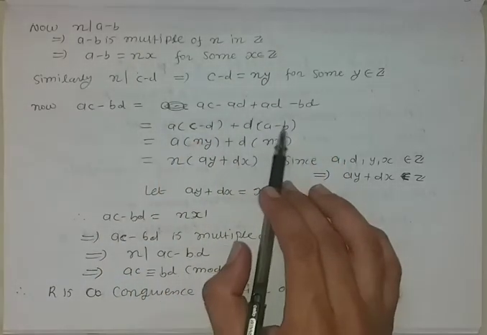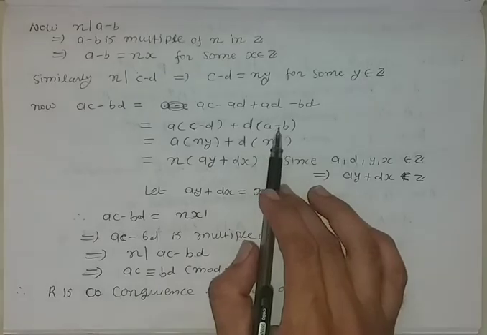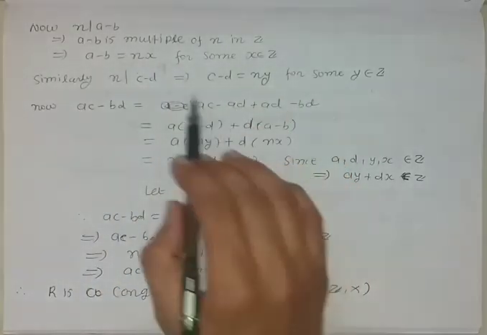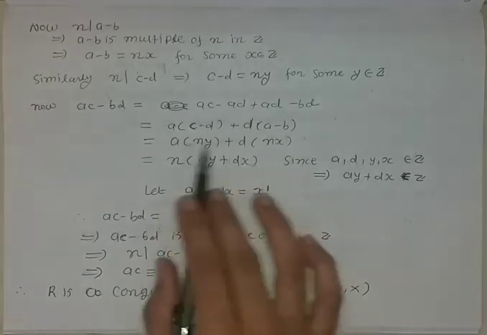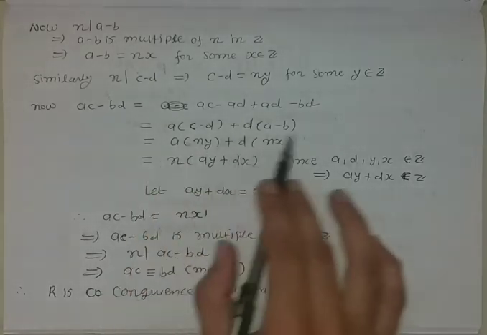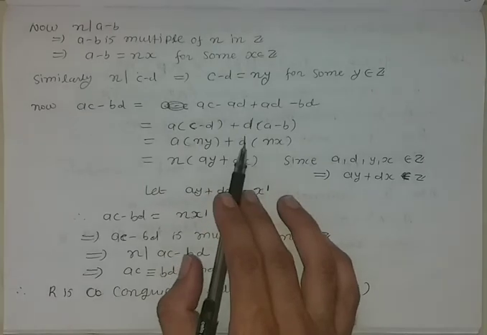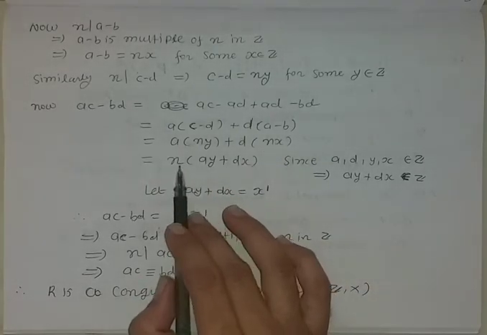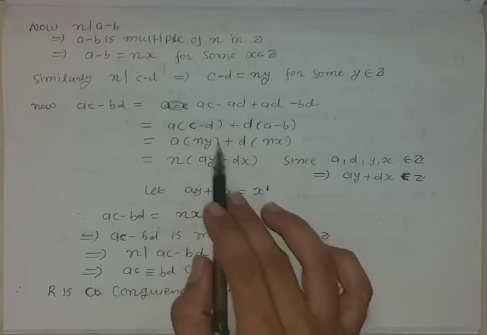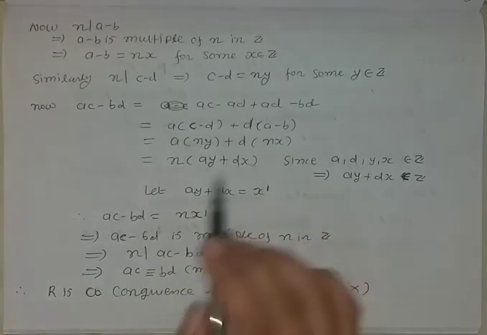Now c minus d is equal to ny, and a minus b is equal to nx. Okay, so in this step what we get, a into ny plus d into nx. Take n common, we get n into ay plus dx.